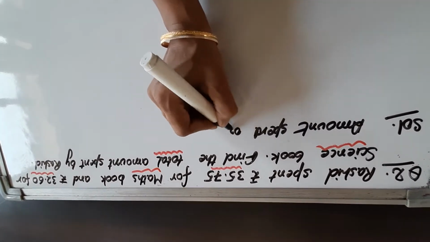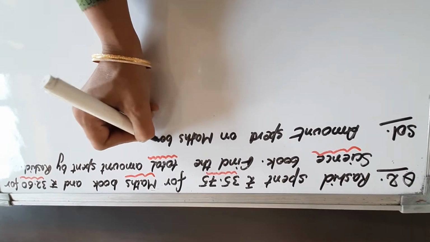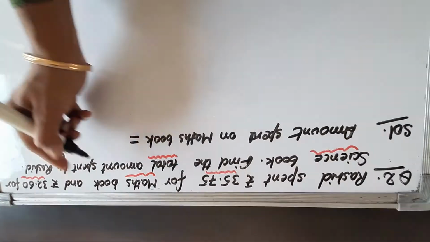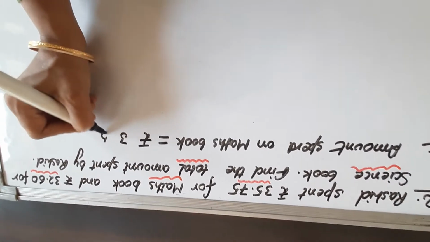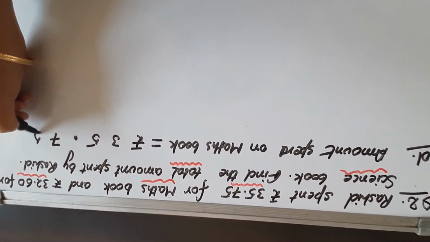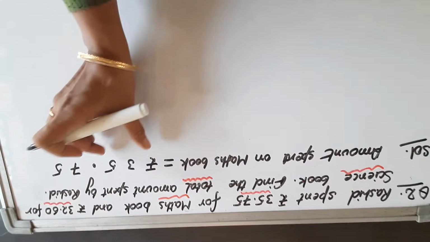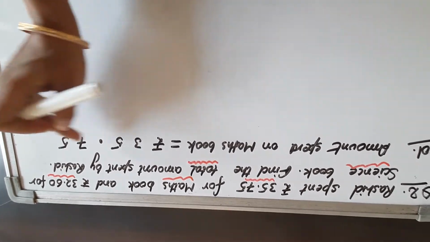Amount spent on maths book is equal to 35 rupees. Let us write down the unit. 35 rupees and 0.75 means 75 paisa, right? Write the amount in a proper gap.